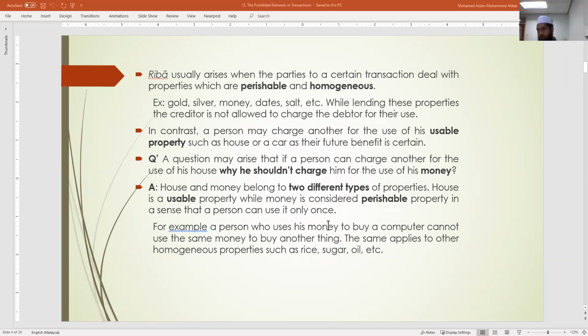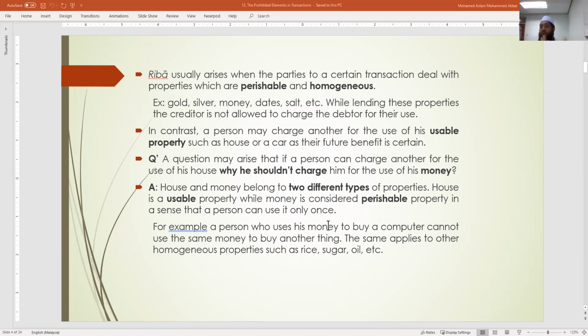Because we are not so sure that by using that money you are actually gaining some money. In most cases you borrow 1,000 ringgit from me because you want to consume it, you want to perish it.